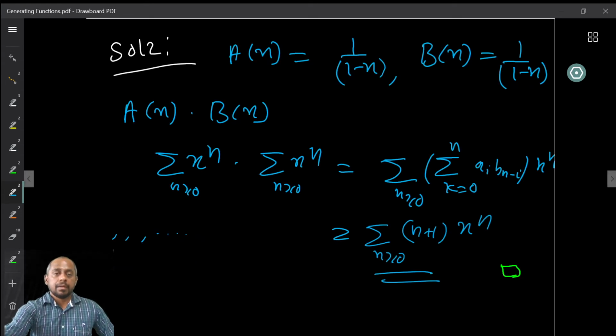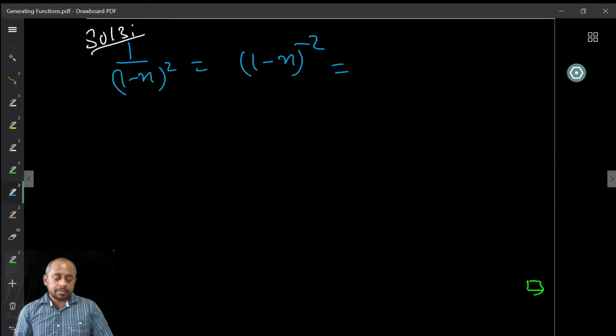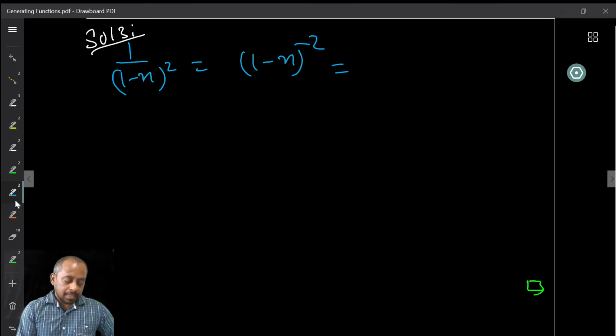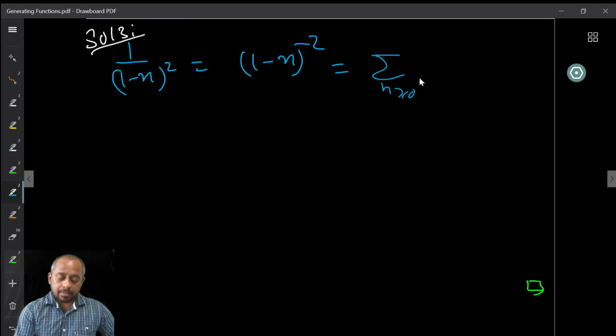Now let us look at even one more proof using the generalized binomial coefficient. So we have 1 by (1 minus x) whole square, which can be written as (1 minus x) whole raised to minus 2, right? So now a is minus 2, x is minus x, and we have the formula: the summation over n greater than or equal to 0 of (minus 2 choose n) times x raised to n.